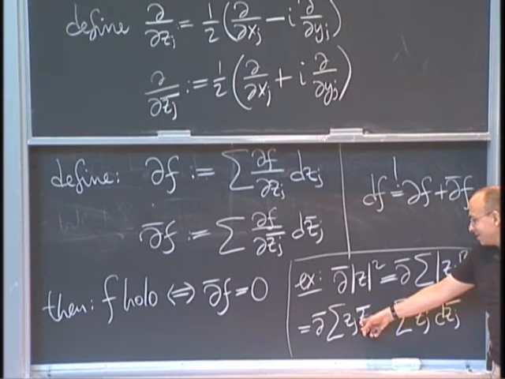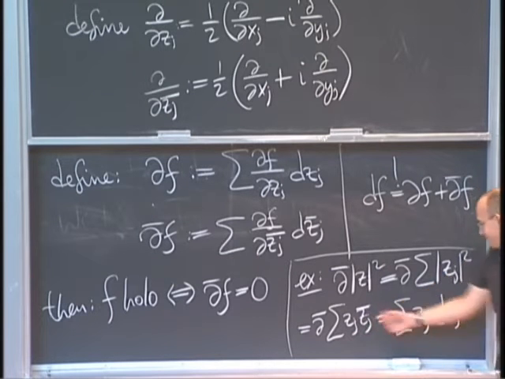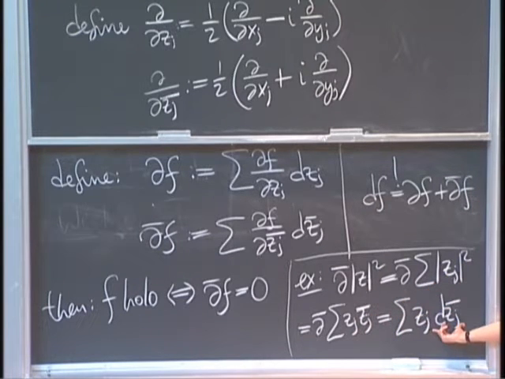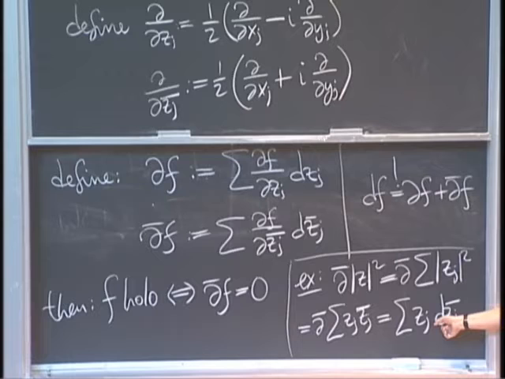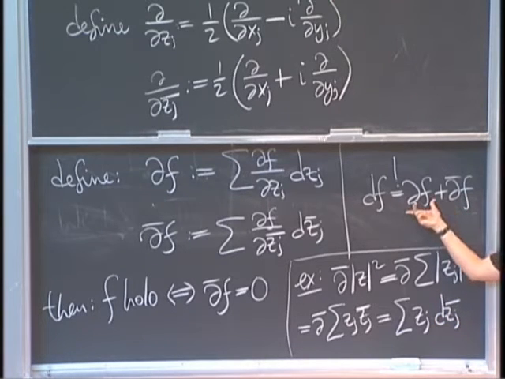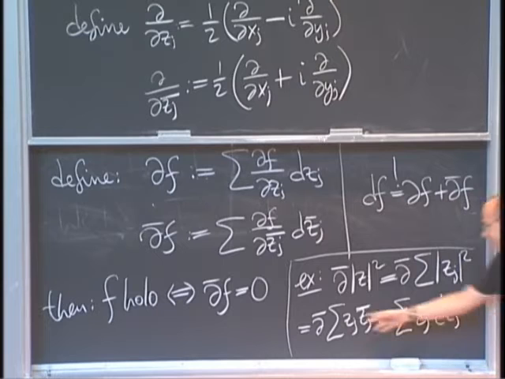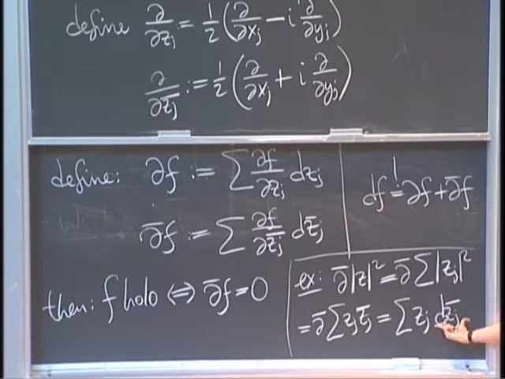Because if I take the derivative of zj bar, a priori it has a del part and a del bar part, but zj is holomorphic, so zj bar is anti-holomorphic, so the del part of zj bar vanishes. So del bar of zj bar is actually equal to d of zj bar. I mean, that's how you do computations with these guys.